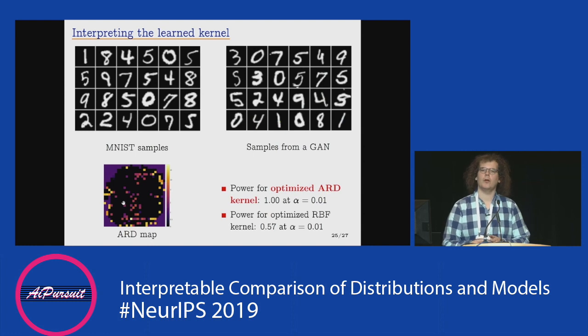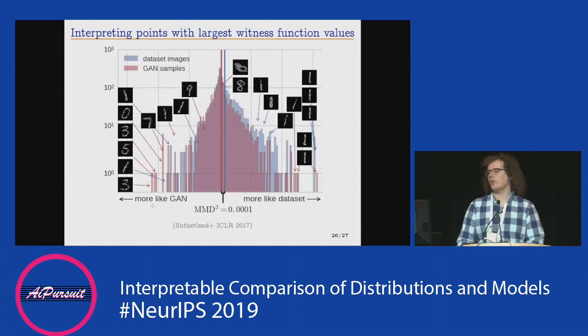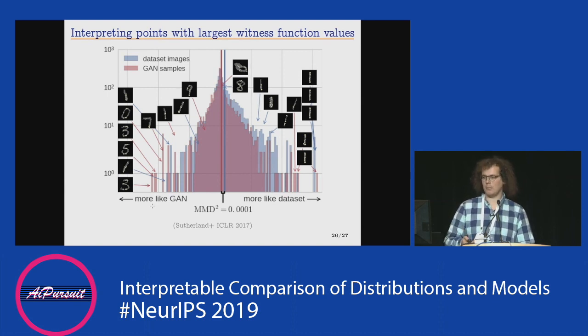You can also do something a little different, which is looking at the points that the witness function cares about the most. We can take a bunch of samples from the data set, take a bunch of samples from the GAN, and plot the value of the witness function on them. Here, in this image, the histogram of the witness function values mostly overlaps a lot. This tells you that the MMD value is not very high because the means are very close to each other.